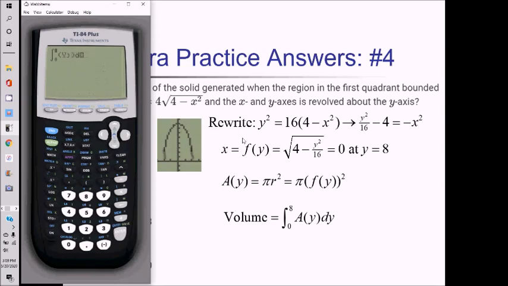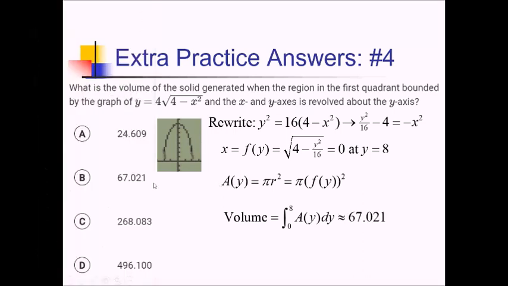And this is how this is going to work. Even though this is supposed to be in terms of y and I put it in terms of x in my calculator, I'm going to make all this work by making my differential dx. And now my calculator does with x what this integral down here is doing with y. So press enter, and that's 67.021, which is going to give us answer choice B.